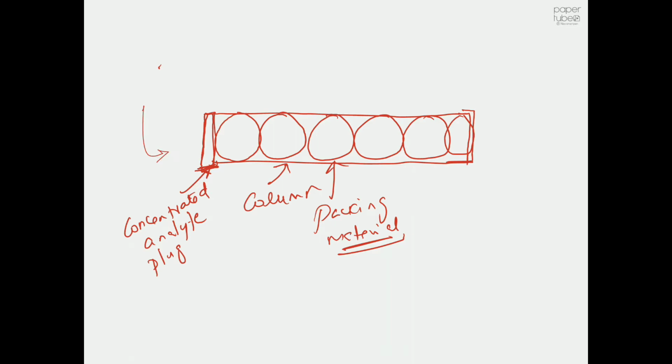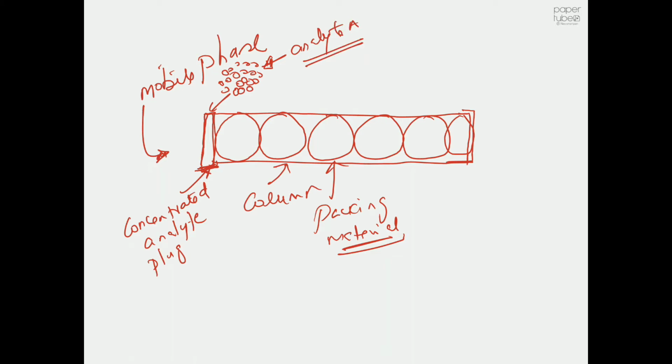Obviously, we are going to pass our mobile phase. To make this easy, just assume this concentrated analyte plug contains many molecules of our analyte. At the moment we are assuming this is a pure compound, say analyte A. It can be paracetamol, for example.